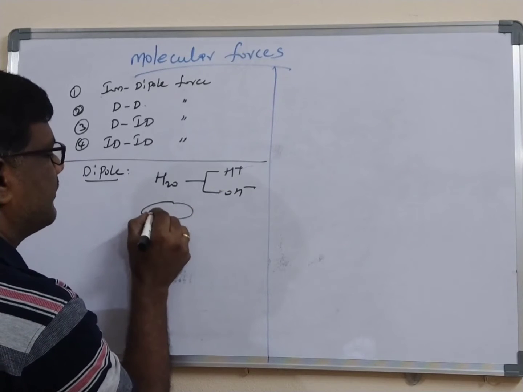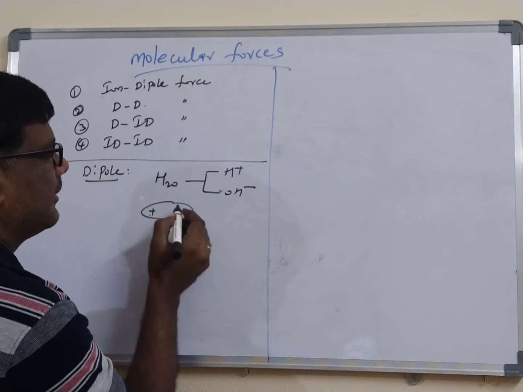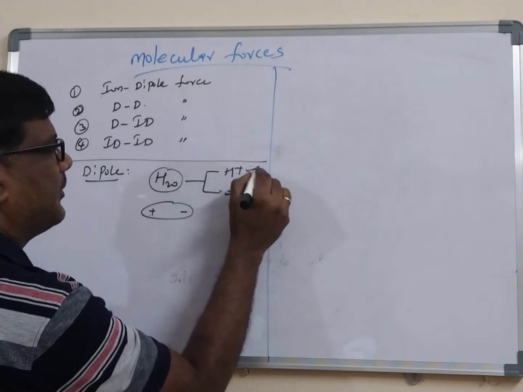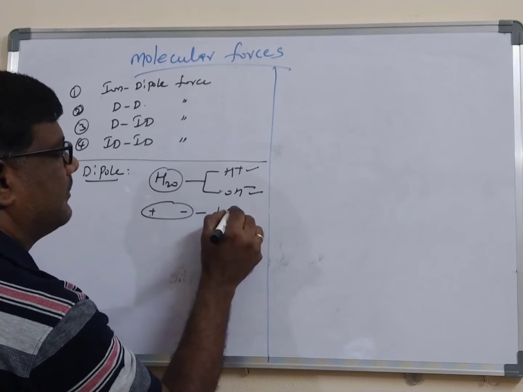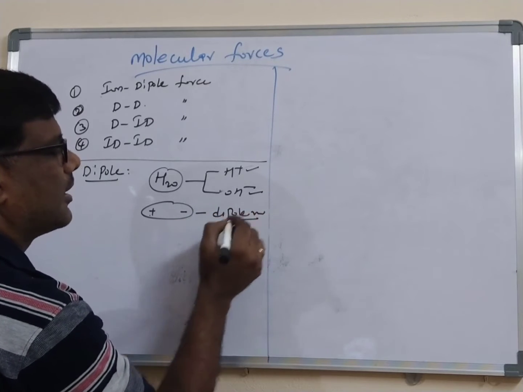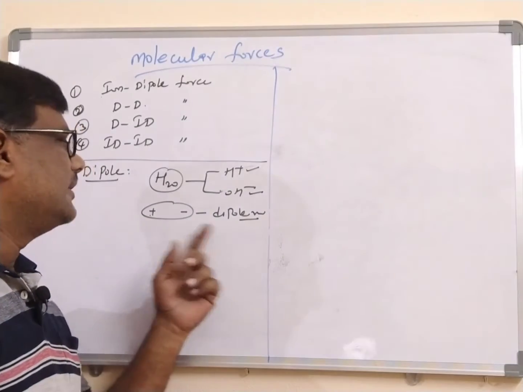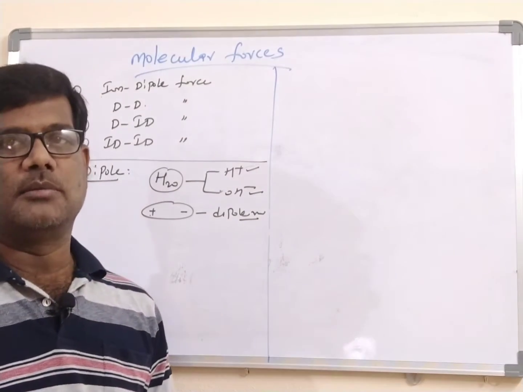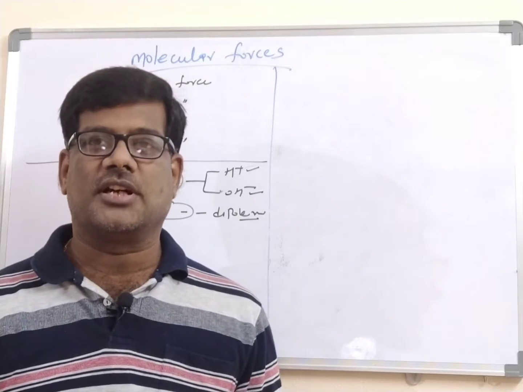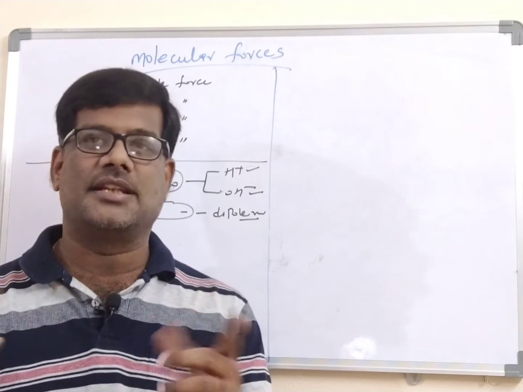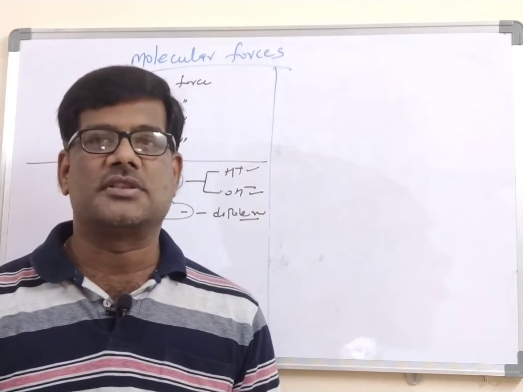Ultimately, water will have a positive charge and a negative charge, and this molecule is called a dipolar molecule, or polar molecule. Simply we can say dipole molecule. Water is a dipole molecule. HCl, H plus and Cl minus. Two opposite charges are present in the molecule. That's why HCl is a dipole molecule. Di is nothing but two, poles are nothing but two opposite charges.